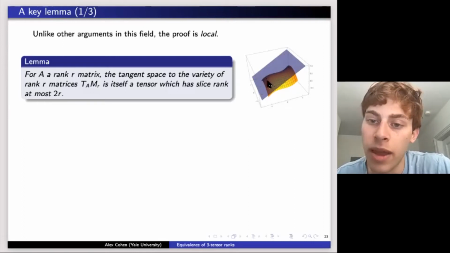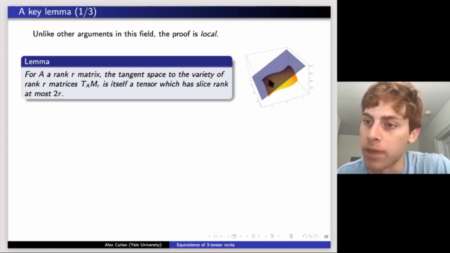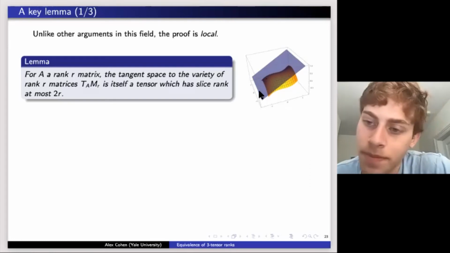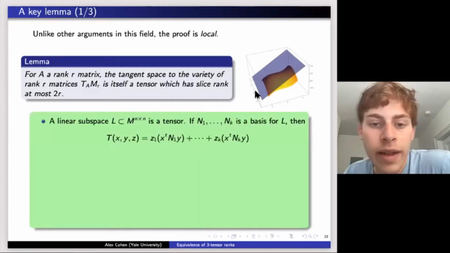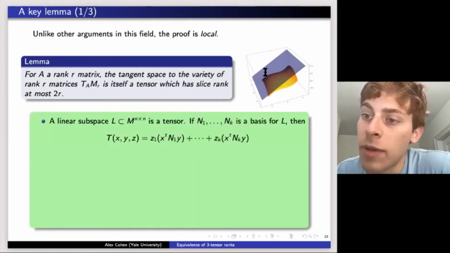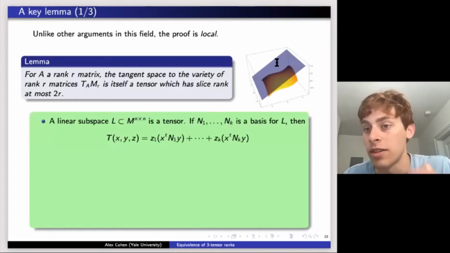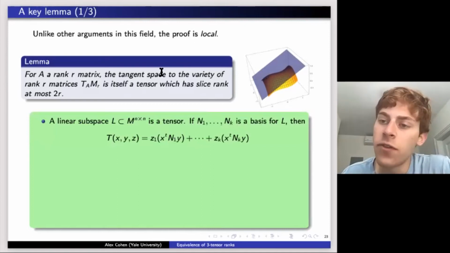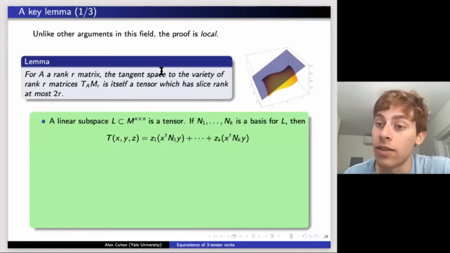Okay, so the tangent space. I'm not going to formally define it, but it's what you think it is. What we're doing here is we have this tangent space, which is a linear subspace of the set of matrices, because the variety sits in the set of matrices. We can view a linear subspace of matrices as a tensor in and of itself.